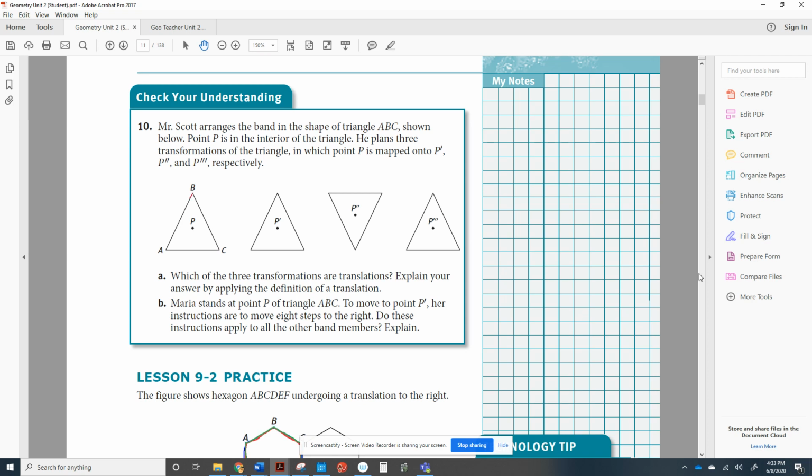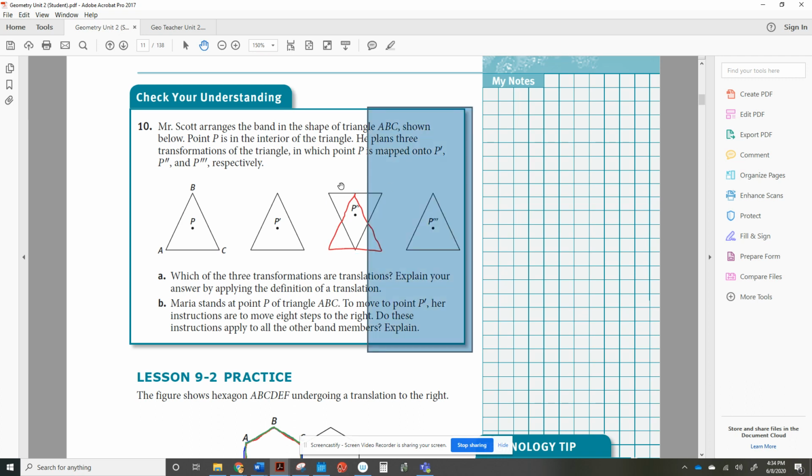I don't think y'all need me to do this, but I'll do it anyway. If I trace, this is kind of like using patty paper. If I trace, and all I did was slide this over here, I may be able to get point P over to point P prime, although it looks like it's going to be a little low.